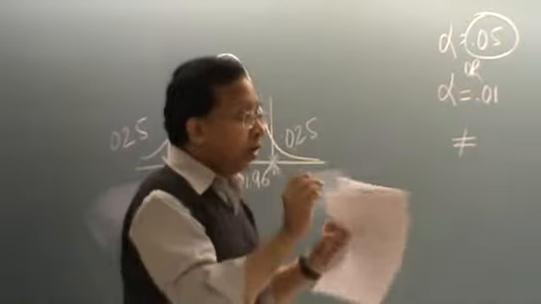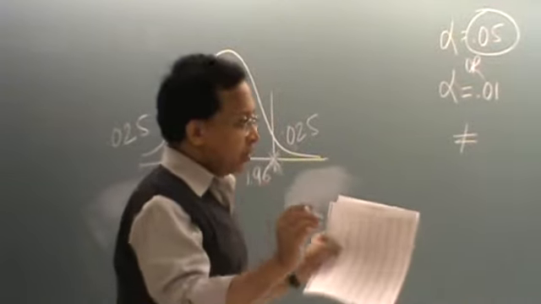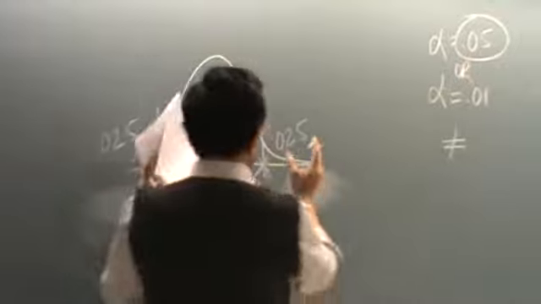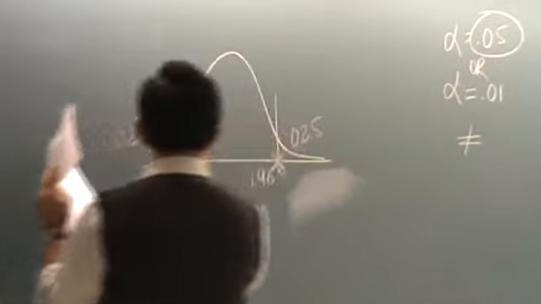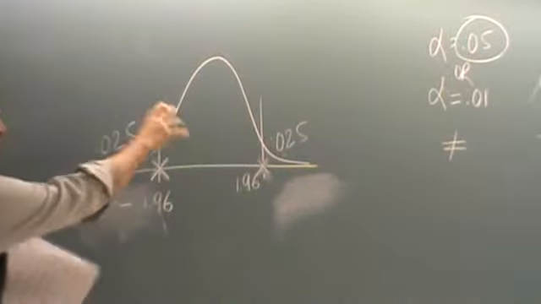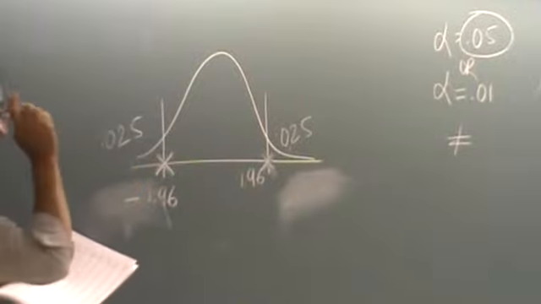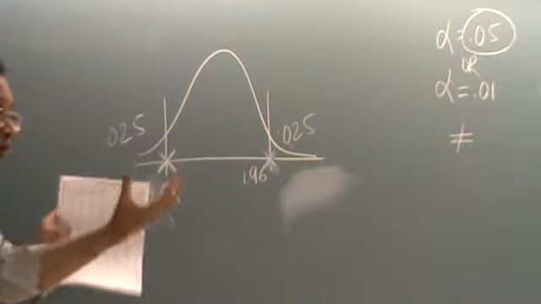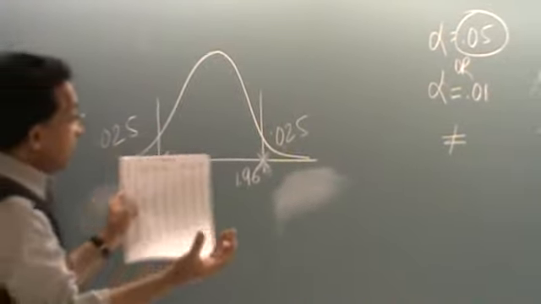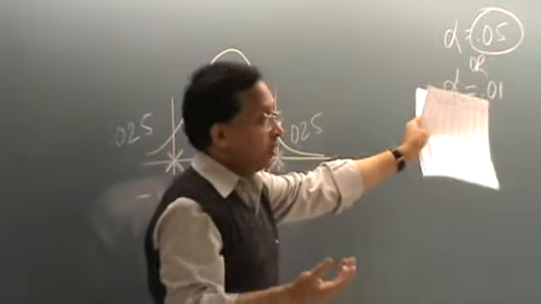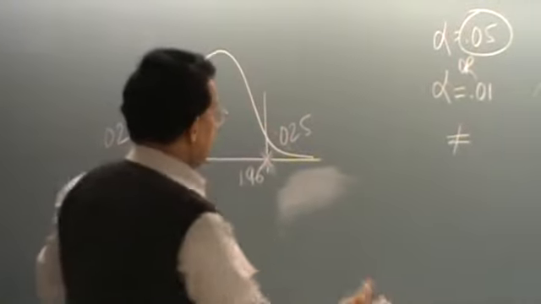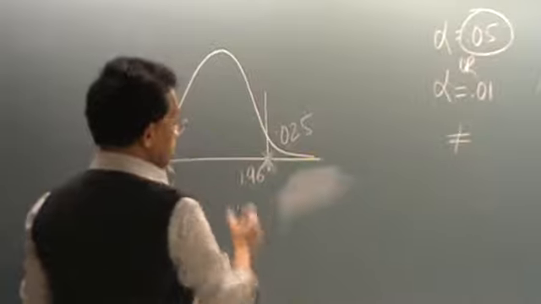We are using a non-directional test. That's why we are looking at right tail as well as left tail of this normal curve. Because we are looking at both tails, this value 0.05 is equally distributed on either tail.